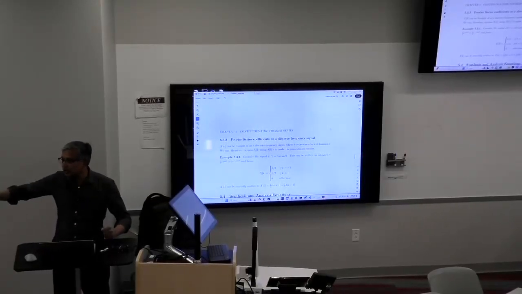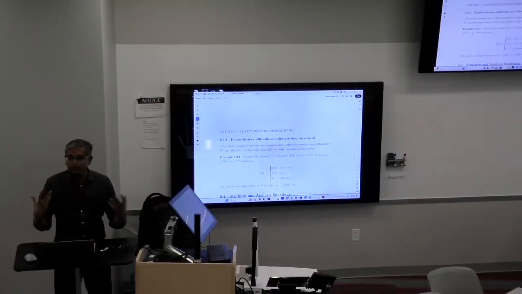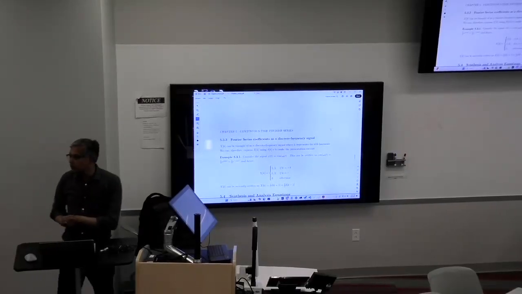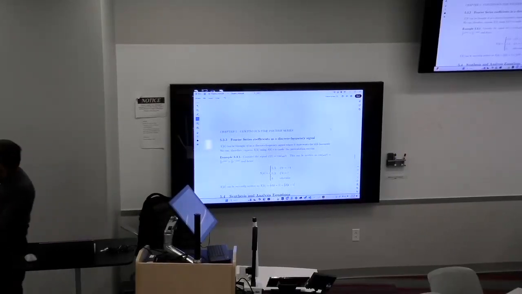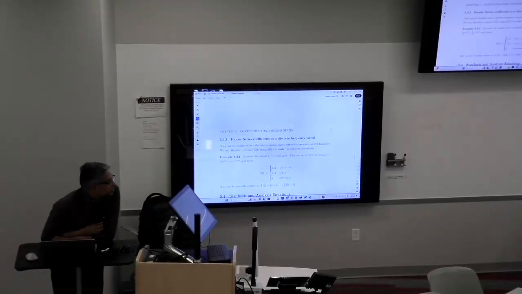If I'm able to do that, whatever the coefficients are in this linear combination, they are my Fourier series coefficients. In this case, there are two non-zero coefficients, the term corresponding to k equal to 1 and the term corresponding to k equal to -1, right? Because this term corresponds to k equal to 1, this term corresponds to k equal to -1, because it's sort of the form e to the j k omega naught t. Is that clear?